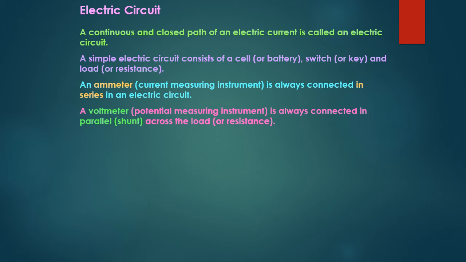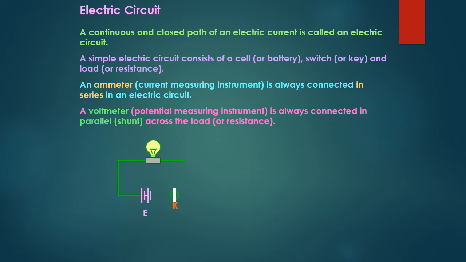There may be some other components in the circuit like an ammeter. Ammeter is a device which is used to measure the electric current. And a voltmeter. Voltmeter is a device which is used to measure potential difference. An ammeter is always connected in series in the circuit. A voltmeter is always connected in parallel in the circuit.